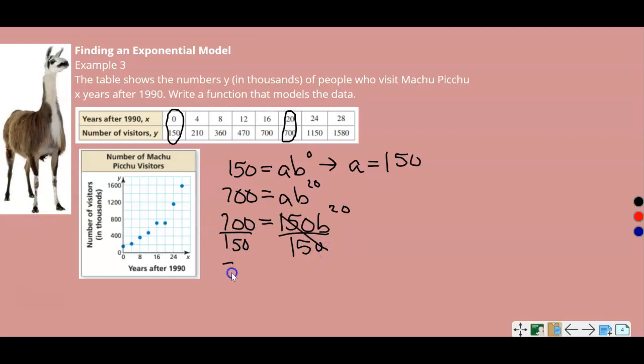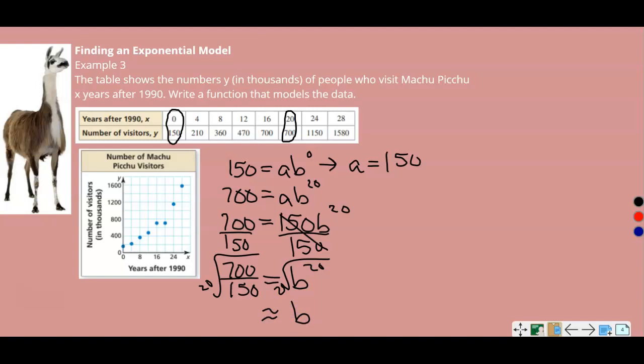So 700 divided by 150 equals b to the 20th power. So I need to take the 20th root of that. All right, so let's see what b equals.